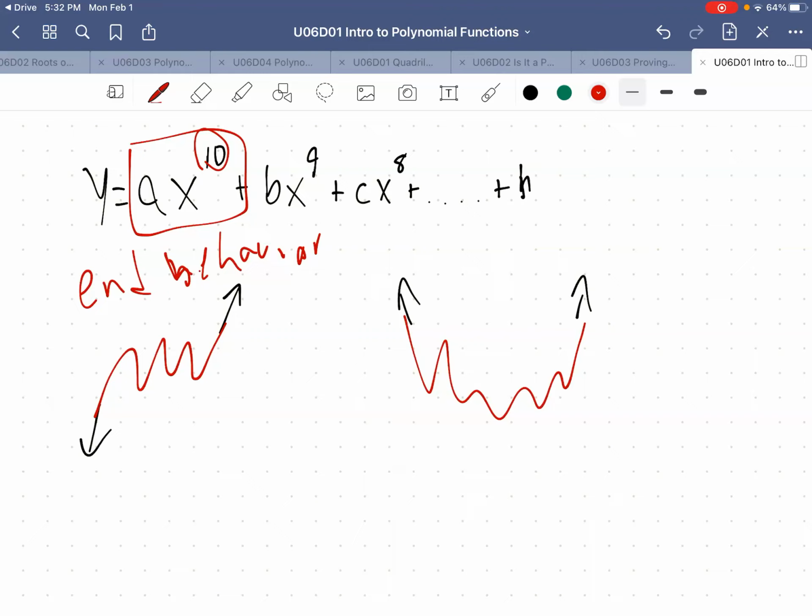Either the end behaviors will be different, or they will be the same. They will be different in the case in which the leading term's exponent is odd, so an odd degree polynomial.